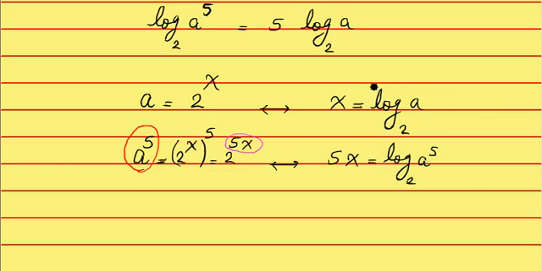X was that, logarithm of a in base 2. So all I'm doing now is I'm multiplying it by 5. So what I have is that 5 times, instead of x, I have logarithm of a in base 2. This x is just that. That is same as logarithm of a to the power of 5 in base 2. So that's the demonstration of this rule that we had in mind here.